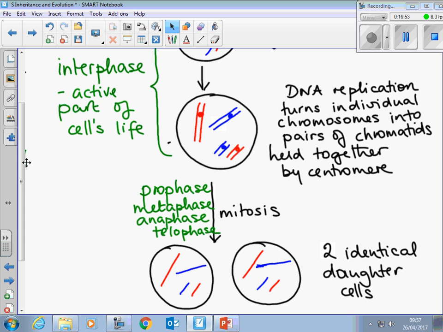Now, you only get a centriole in animal cells.